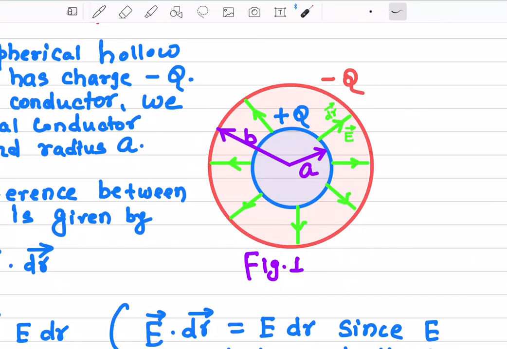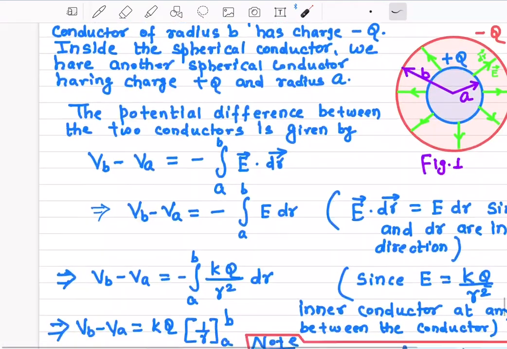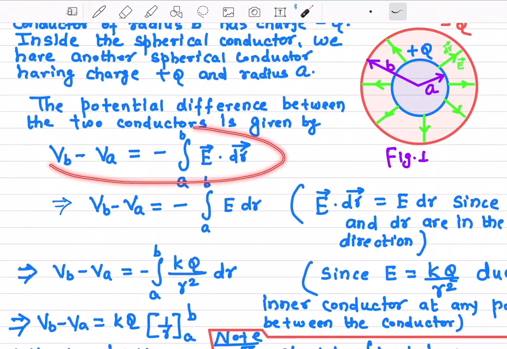Now we are interested in finding out the potential difference between the two spherical conductors. This is the formula for calculating the potential difference between the two conductors, where E is the electric field at any point and dr is the displacement.